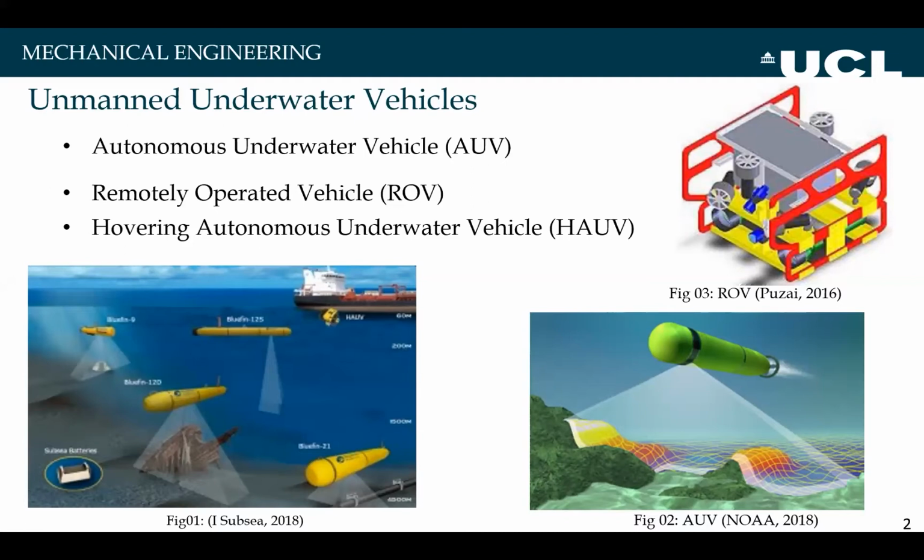So if we can use the remotely operated vehicle autonomously, we can get its advantages, which is very important for the payload stability, as it will avoid large relative motions between the vehicles during the transportation, which will ensure the stability of the payload. That vehicle I call in my research hovering autonomous underwater vehicles.